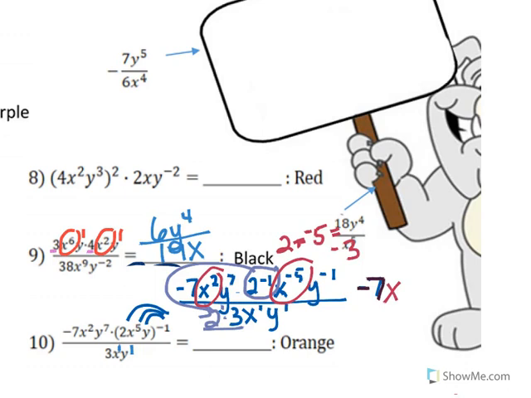So I do x to the negative 3rd power. And then y, I have 7 plus negative 1, which gives me a 6. And then on the bottom, for my denominator, I have 2 times 3, so that's a 6. And then x to the 1st power, y to the 1st power.